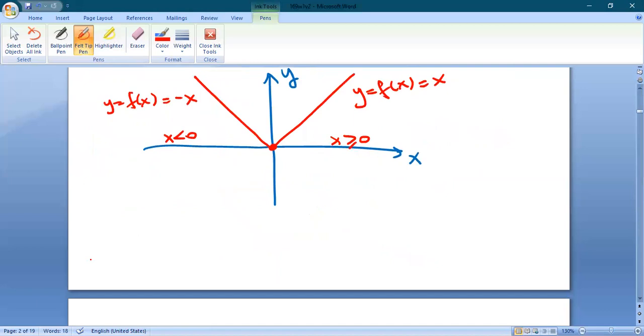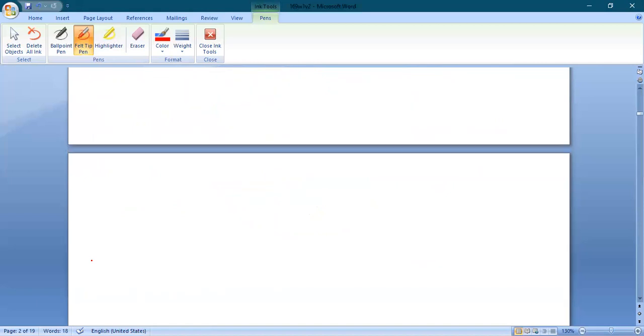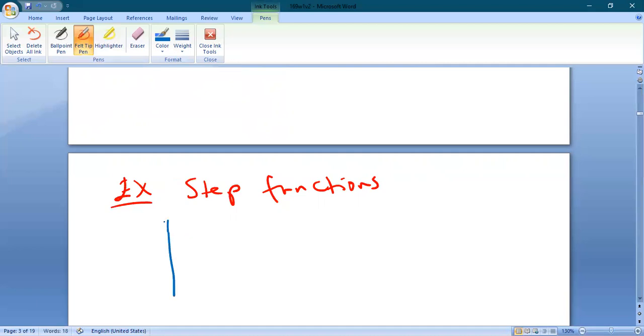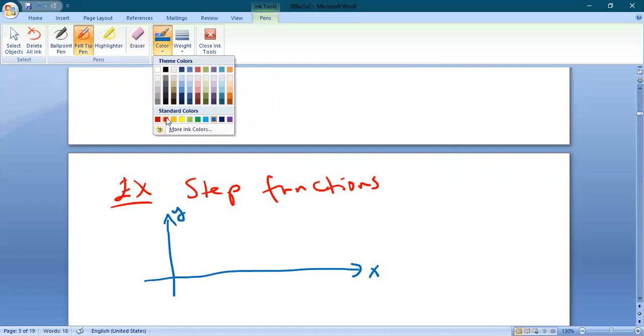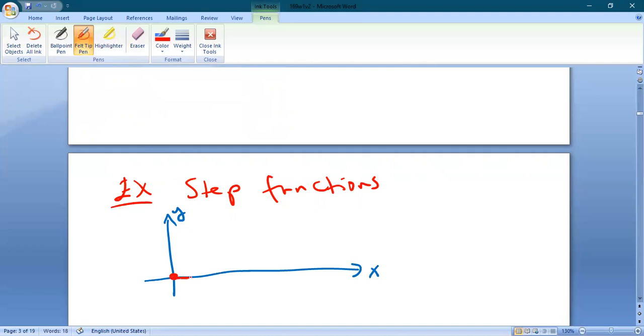Okay, and then some other piecewise defined functions are step functions. So let me give an example for that. Well, as you will see, they will have graphs like these. Let's say this is x, this is y, and then the graph looks like this.